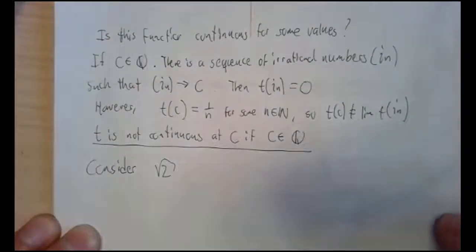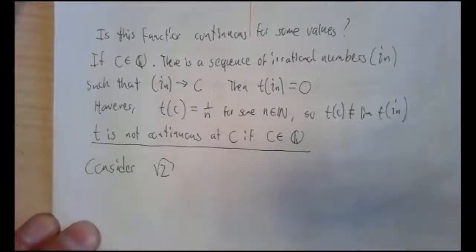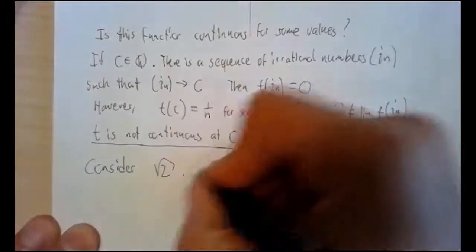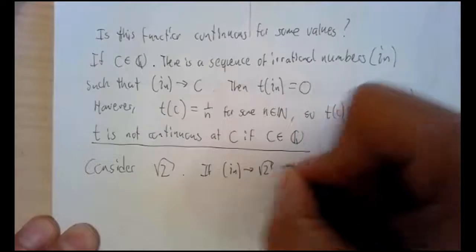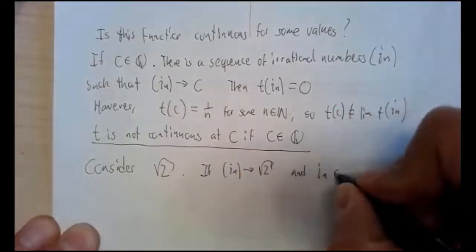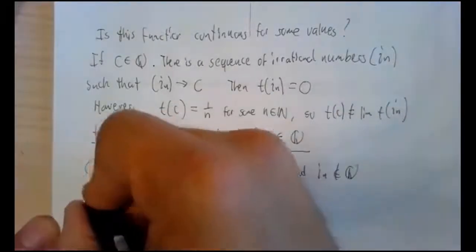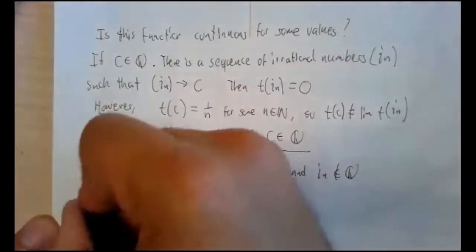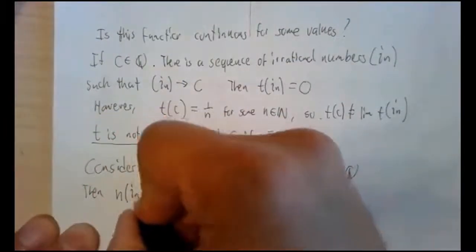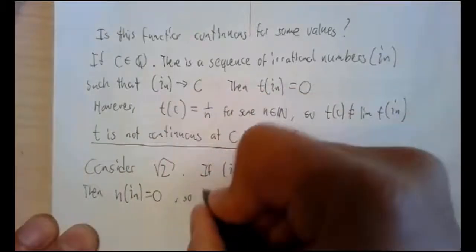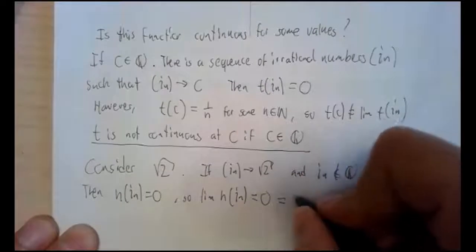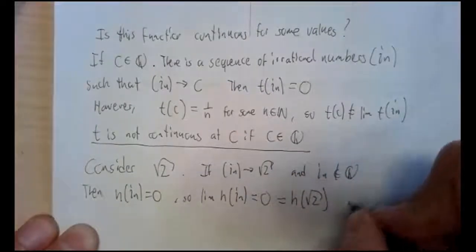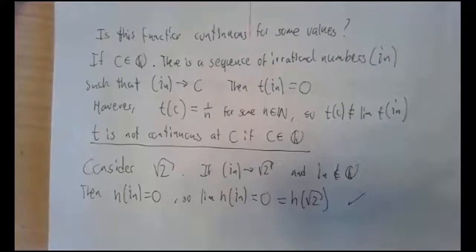For square root of 2, if I get close to square root of 2 with irrational numbers, so if I_n approaches the square root of 2 and I_n is an irrational number, then I'm happy because T of I_n is going to be 0. So the limit of the T of I_n will be 0, and 0 is the same as T of square root of 2. So if we do it that way, I'm happy.